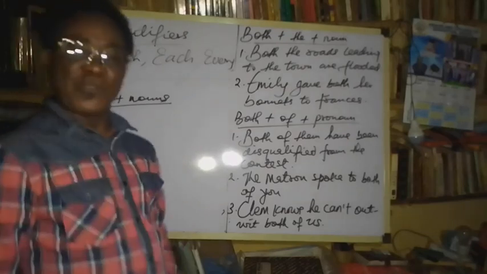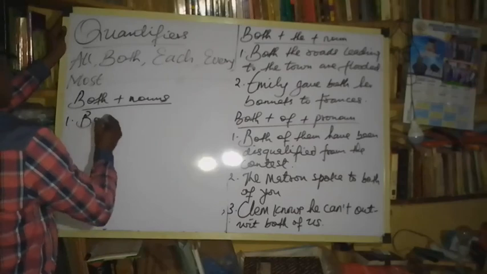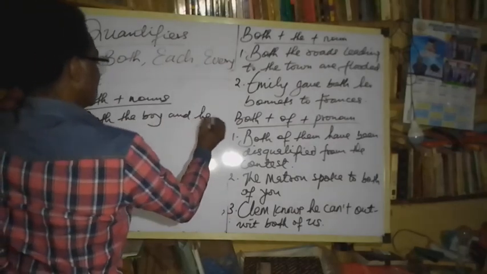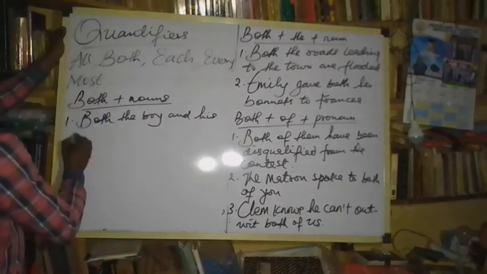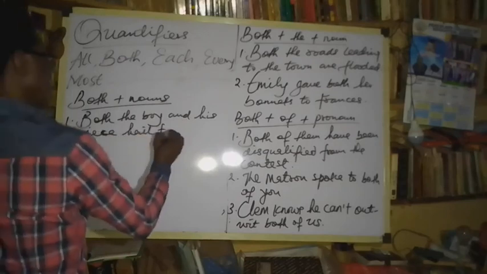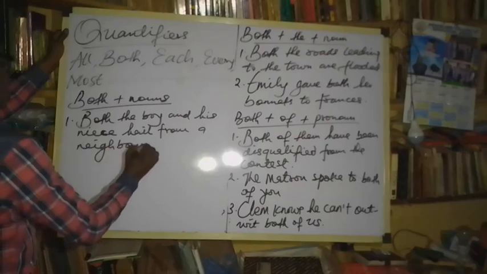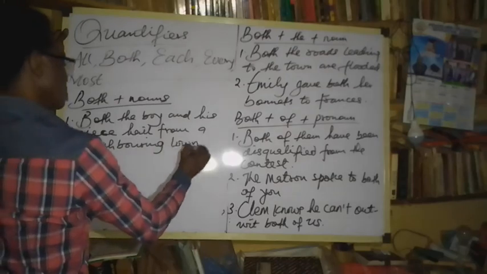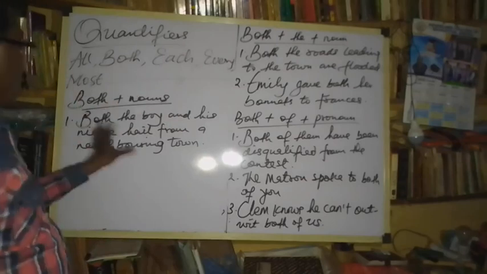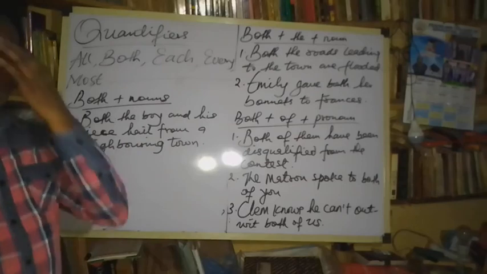Now we talk about both followed by nouns. Example: number 1 says here, both the boy and his niece, that is both plus nouns, both the boy and his niece hail from a neighboring town.